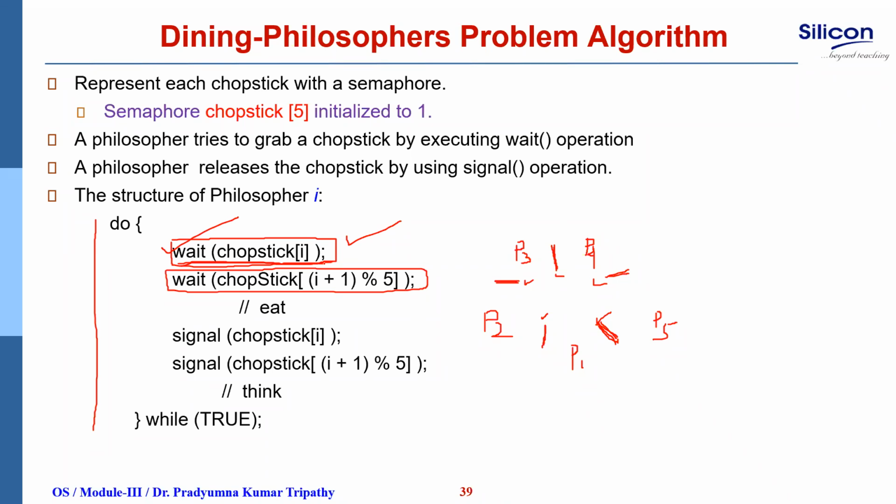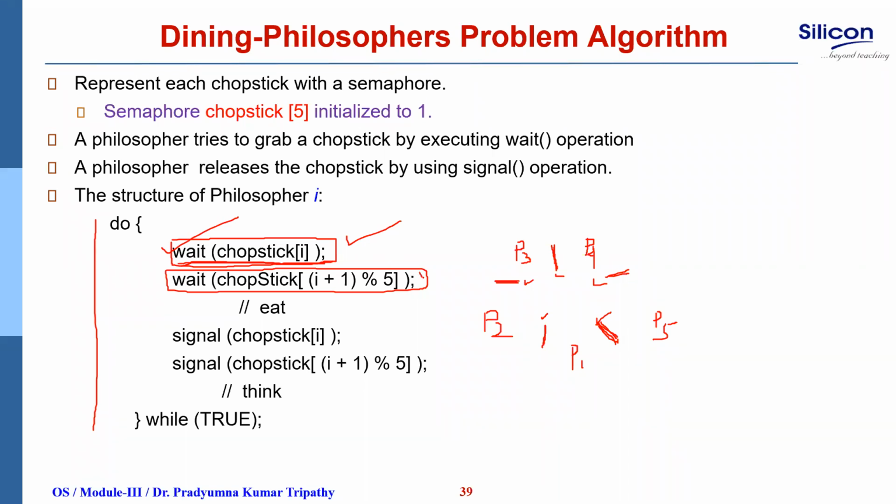Now, when each philosopher tries to access the other one, they cannot, because it is already occupied by another philosopher. Are you getting me? They have executed the first one.